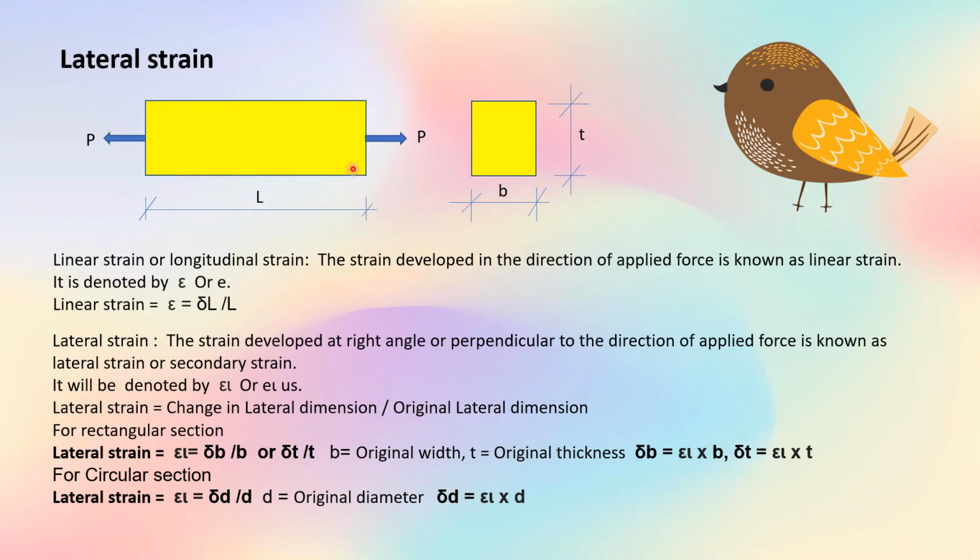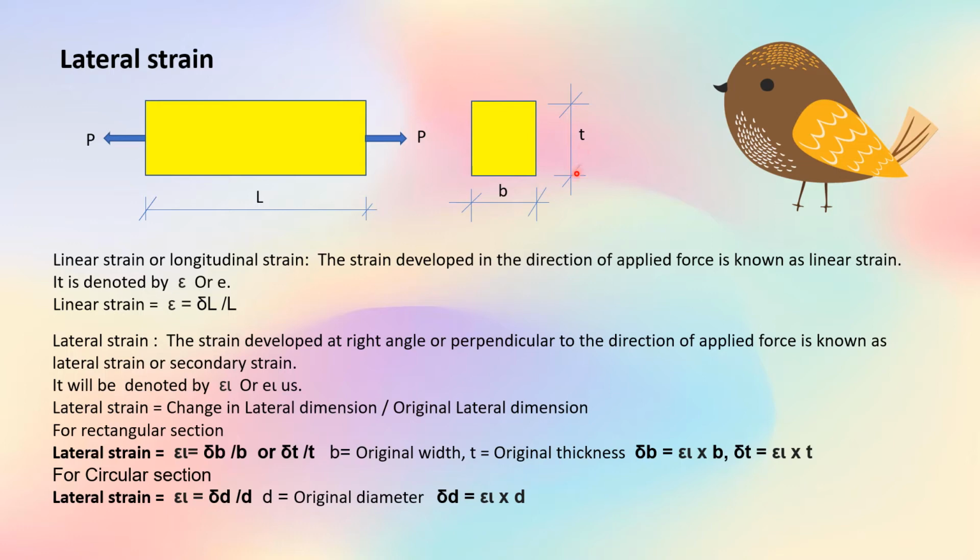And the next thing which is important to understand here is, if the force is tensile as applied here, then there will be increase in length, and when there is increase in length, there will be decrease in the width and decrease in the thickness.